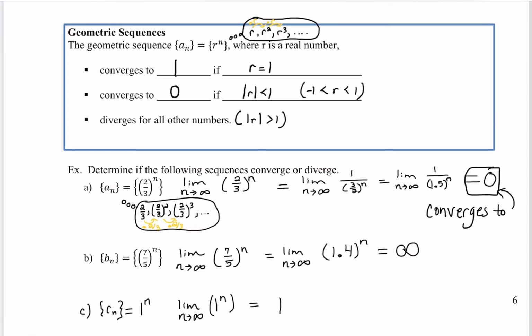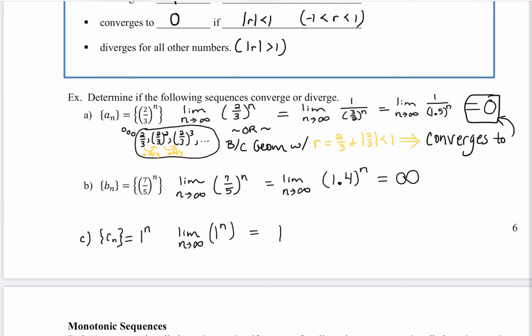That was one way to think about it, but now we could also look at it and say, because it is geometric, where we have the common ratio of 2/3, and the absolute value of that common ratio is less than 1, that's another way to know that it converges to 0.